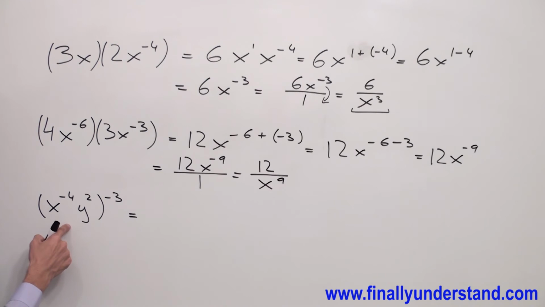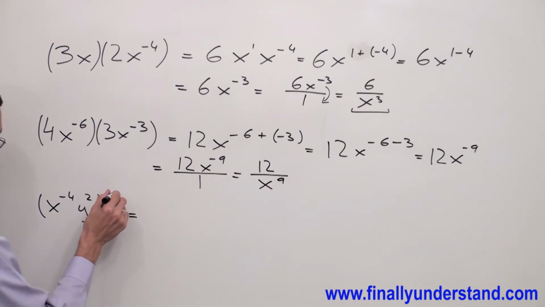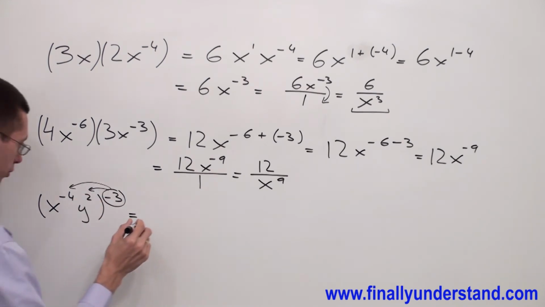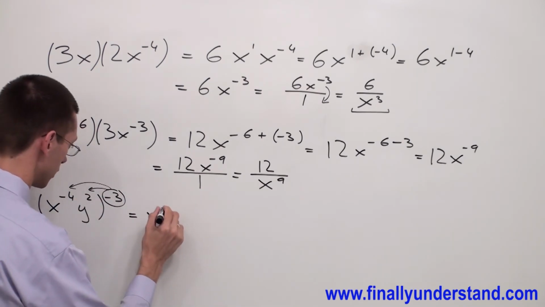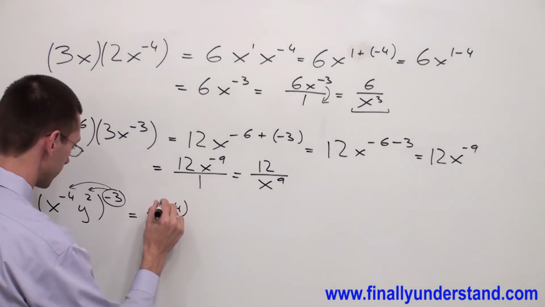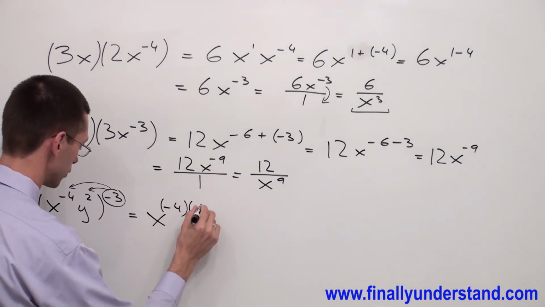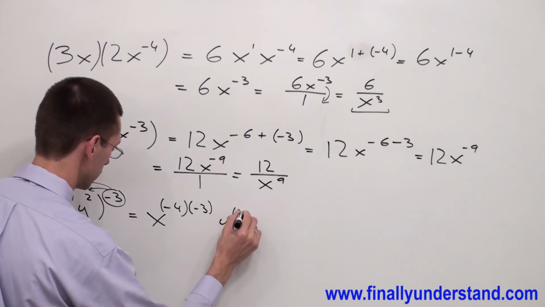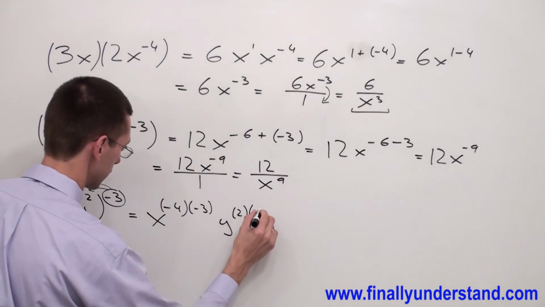What I would do first, I would multiply external exponent by every single internal exponent. Okay, so I'm going to have x minus 4 times minus 3, and I have y 2 times negative 3.